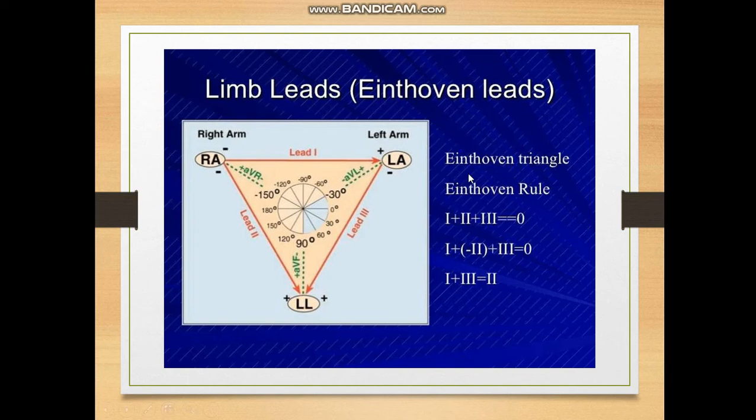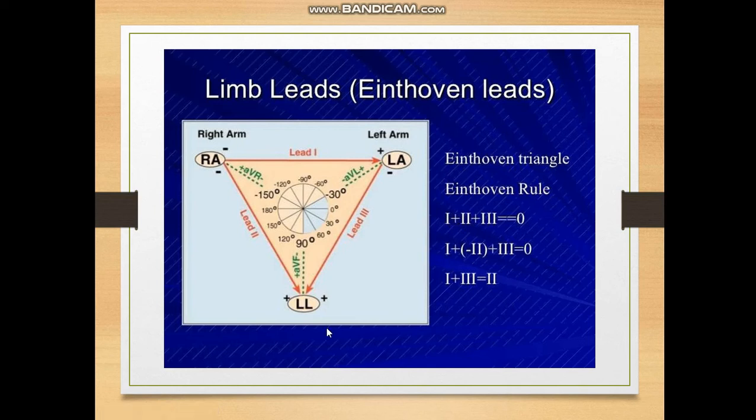You are looking here. This is Einthoven's rule: right arm, left arm, left leg, and these are the directions. The AVR, AVL, AVF, lead 1, lead 3, lead 2. Einthoven's rule is that lead 1 minus lead 2 plus lead 3 is equal to 0.